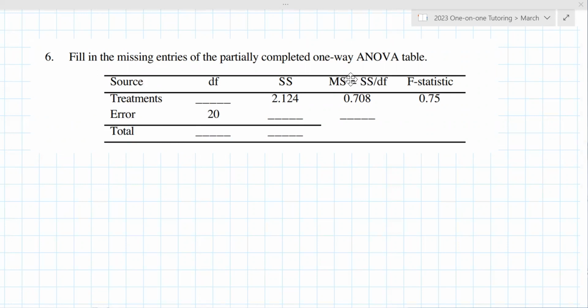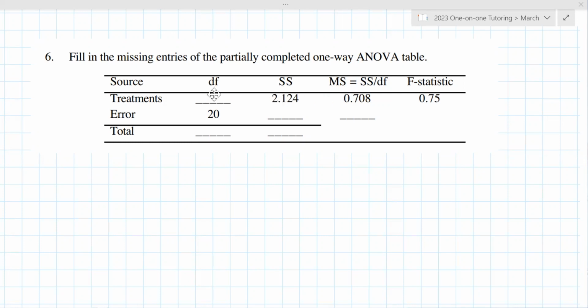They're helping you out here by telling you that the mean square is SS divided by degrees of freedom. You probably would not be given that information. So to find the degrees of freedom, you take this number and you divide it by this number, to get the total degrees of freedom.